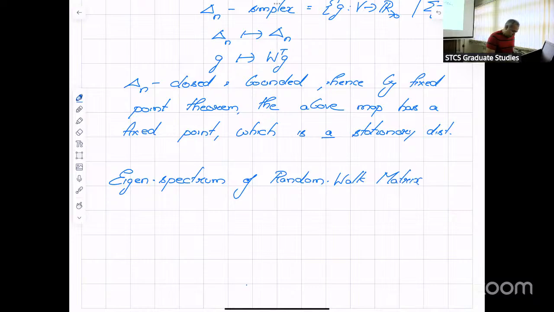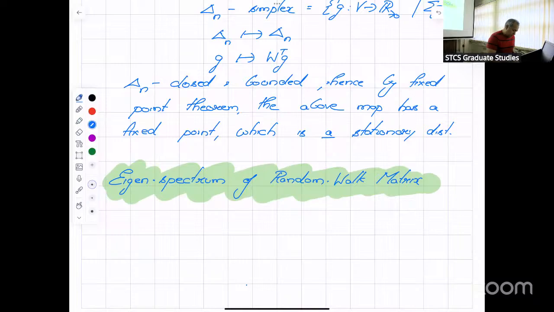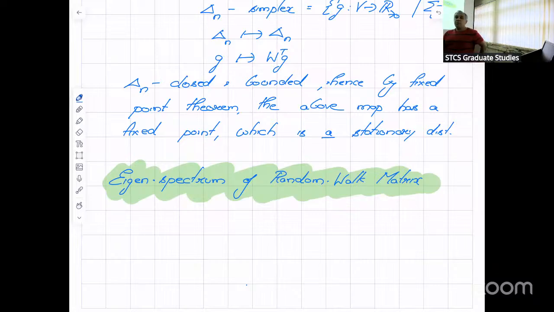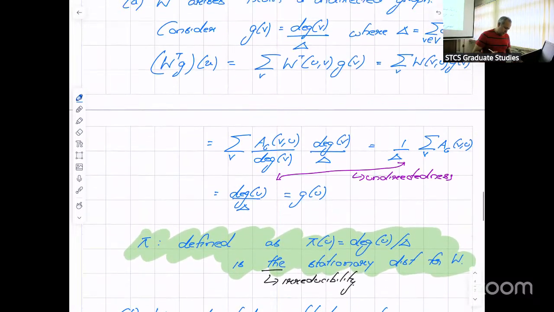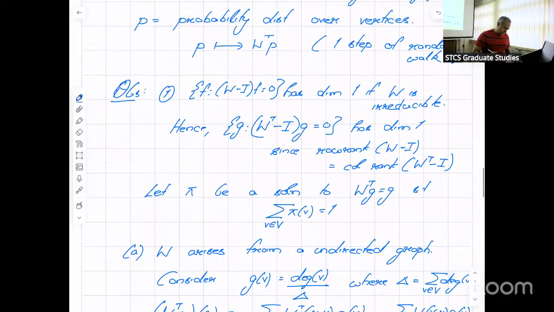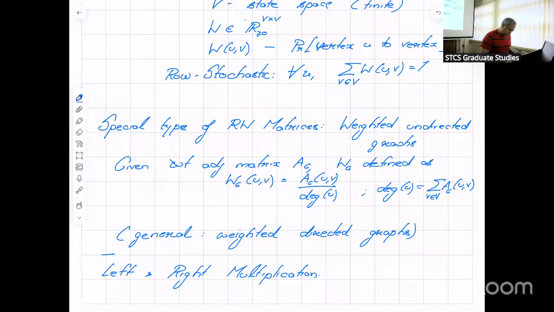And you should already know by now that we can't work with the classical dot product as the inner product, because for something to be self-adjoint under that, W and W transpose have to be the same, and they are not. At the very beginning, W is D inverse A_G.